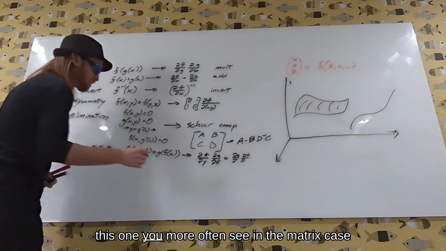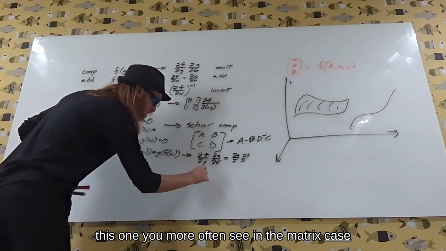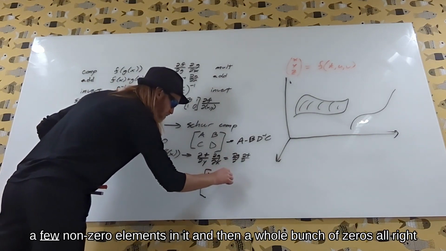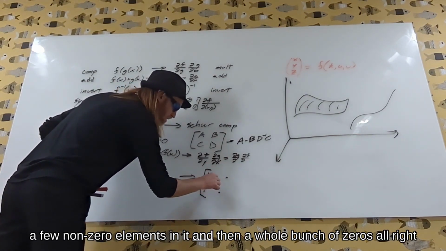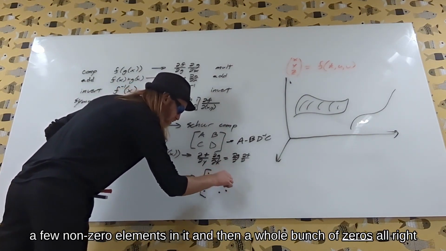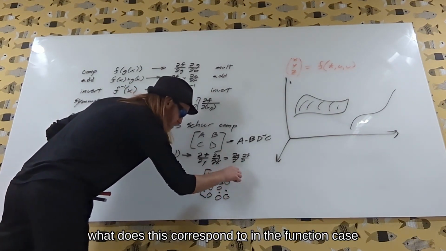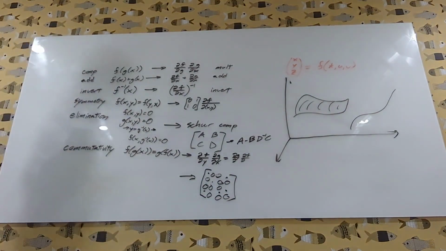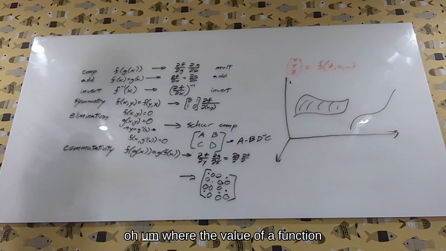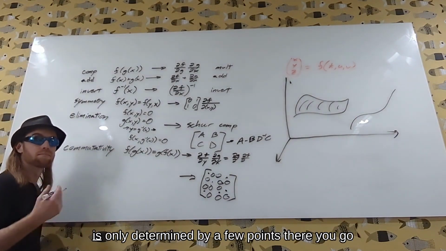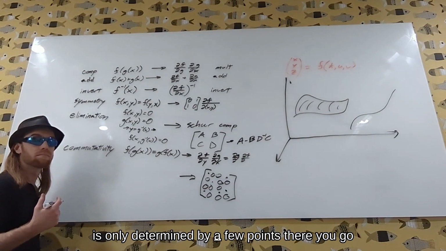This one you more often see in the matrix case before you see it in the function case. So we've got a matrix that has a few non-zero elements in it, and then a whole bunch of zeros. What does this correspond to in the function case? Oh, where the value of a function is only determined by a few points.